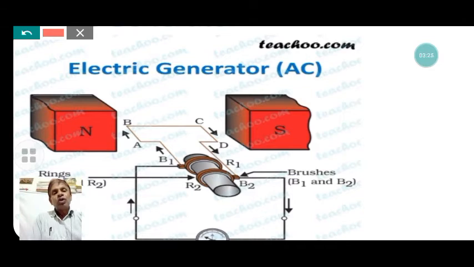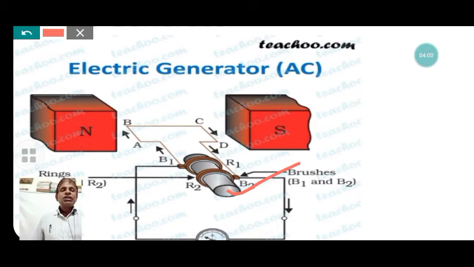The end A of the coil is connected to ring R1, and end D of the coil is connected to ring R2. The inner side of the slip rings is insulated and attached to an axle. The axle is mounted so that it rotates about its axis.